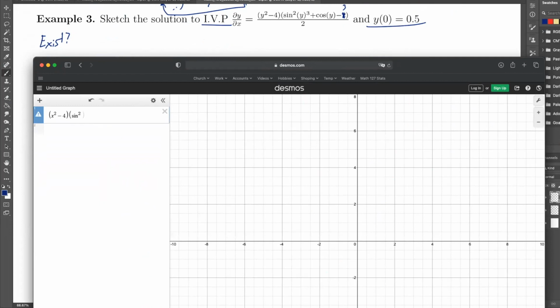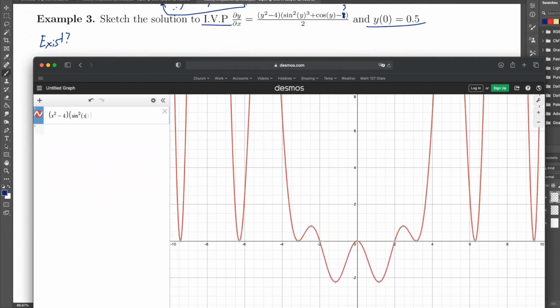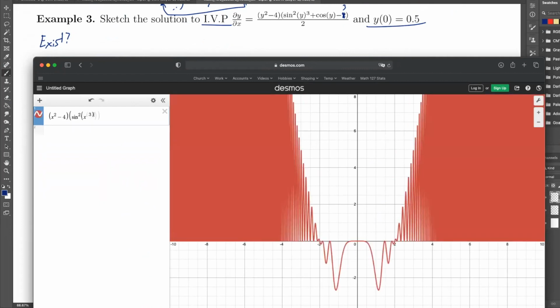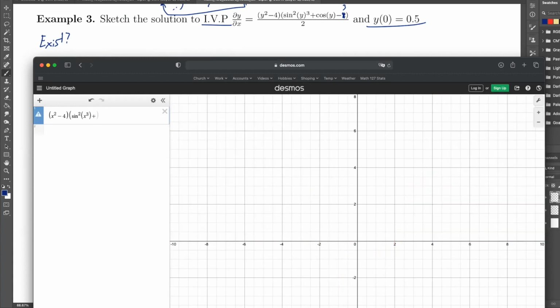And squared, x cubed, minus 3. And I'll just multiply by half. There we go.